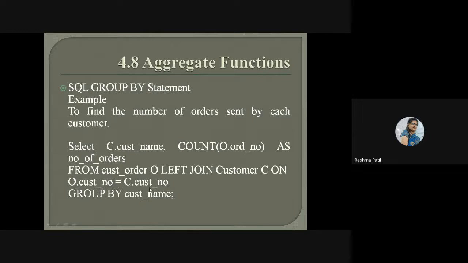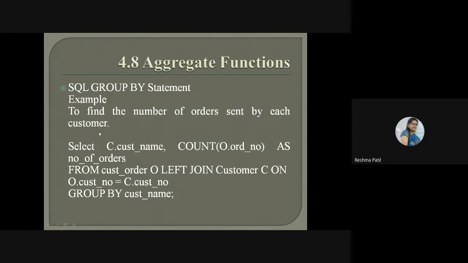How do we write a where query? The same way we are writing here on. Because we are using the group by statement, we have to make changes in the select statement. Here we are working with aggregate functions inside the select statement.